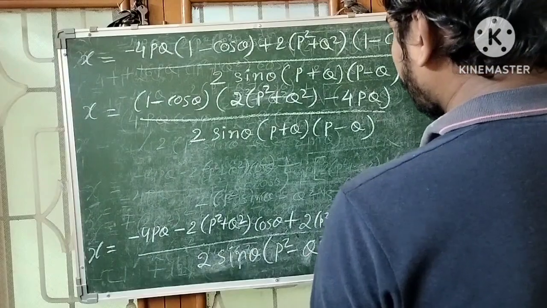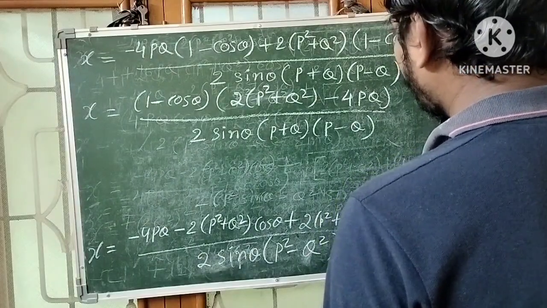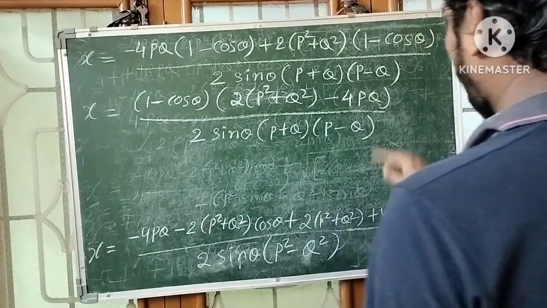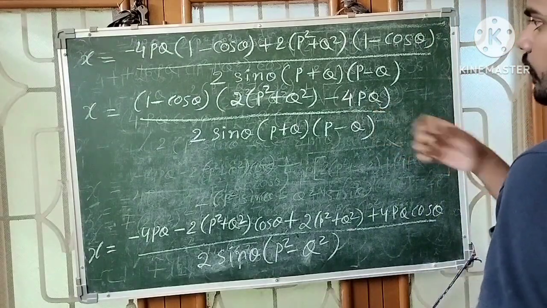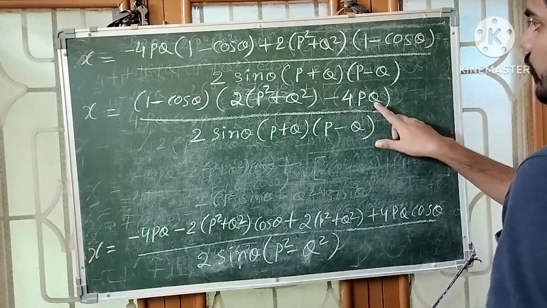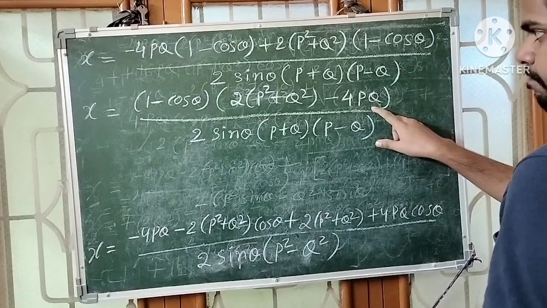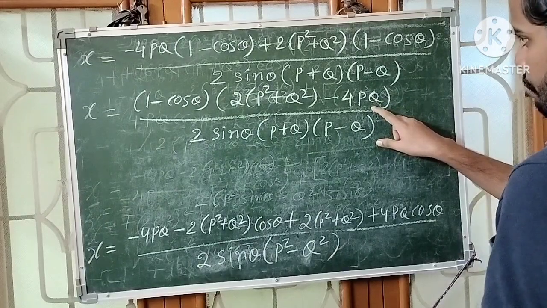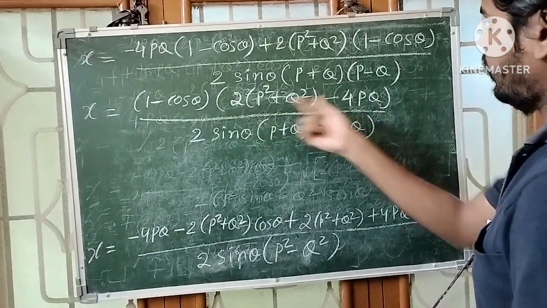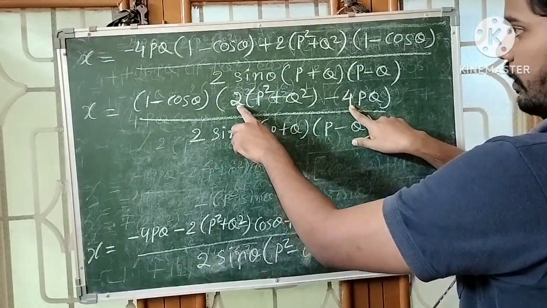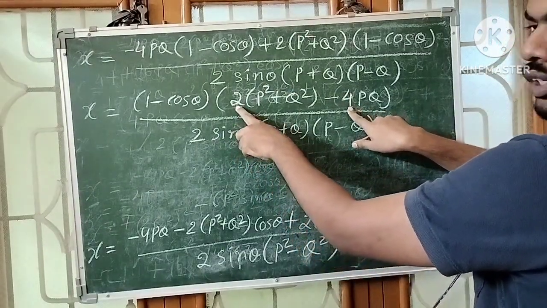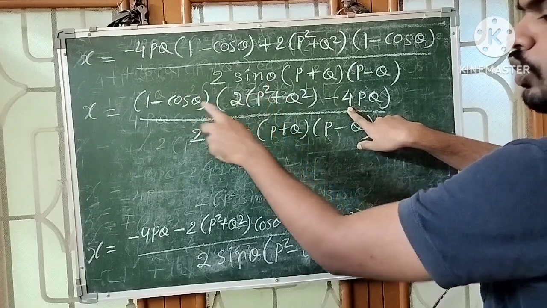So 2 into p square plus q square minus 4pq. Still, is there any identity? Here we can take 2 common. Here 4 can be written as 2 into 2. Let us take 2 common.